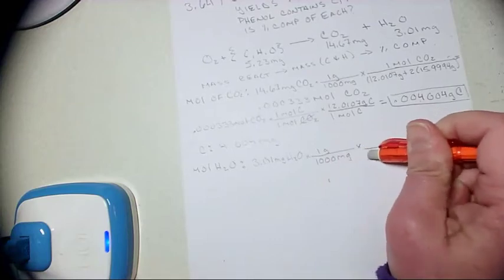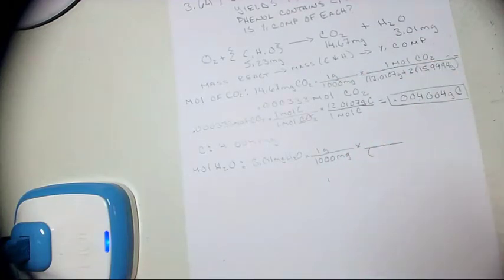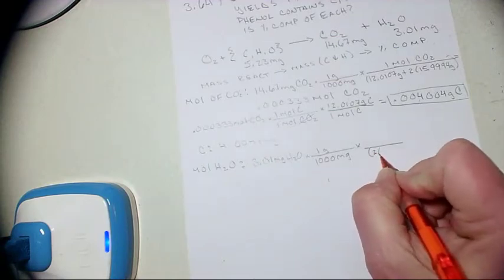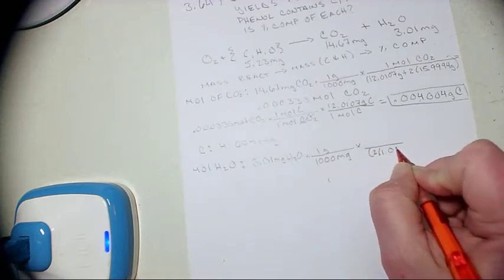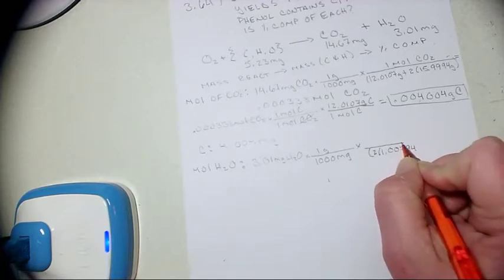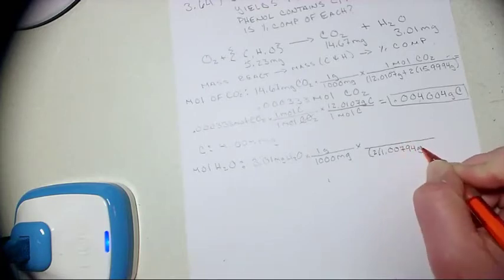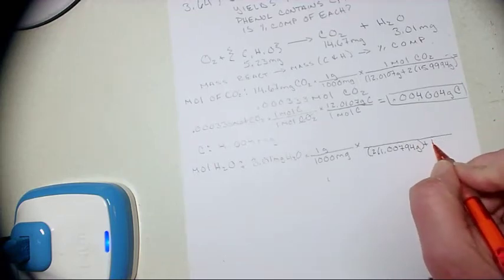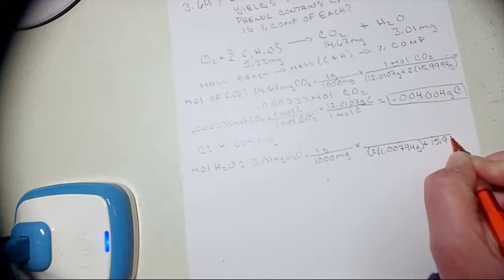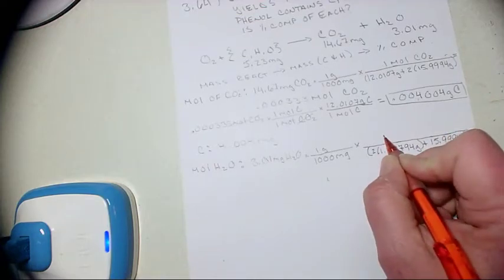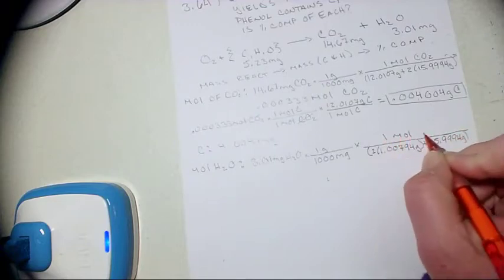Let's do the molecular mass. There are 2 hydrogen, so 2 times 1.00794 grams plus our oxygen mass, 15.9994 grams, and 1 mole of H2O.